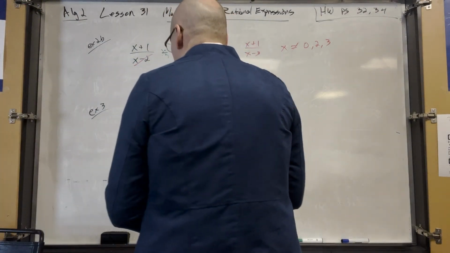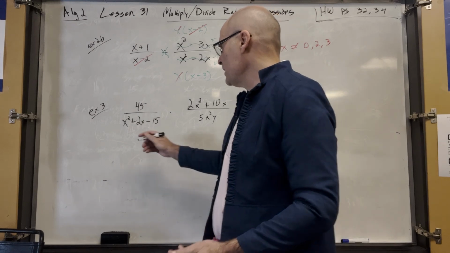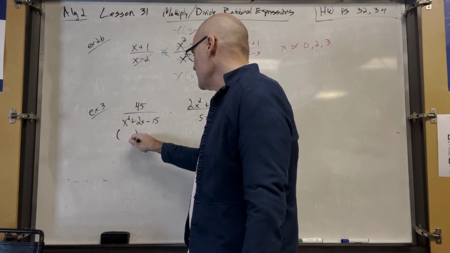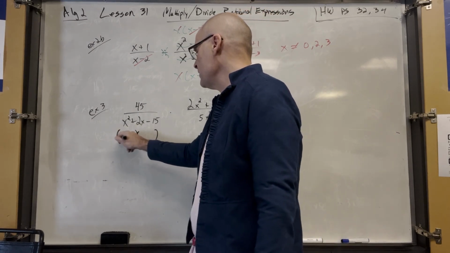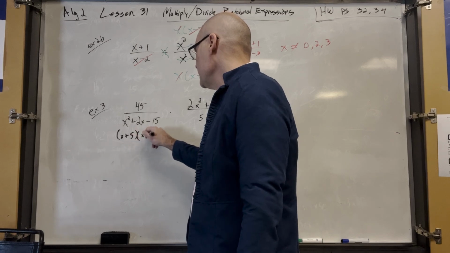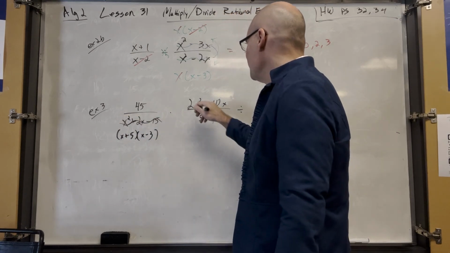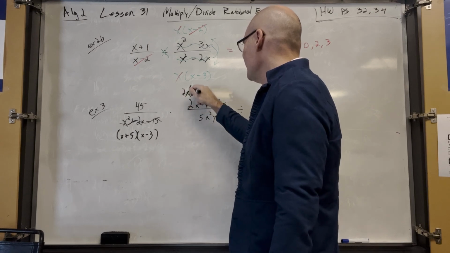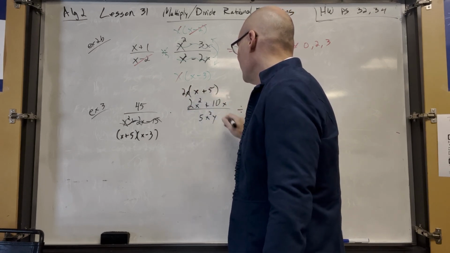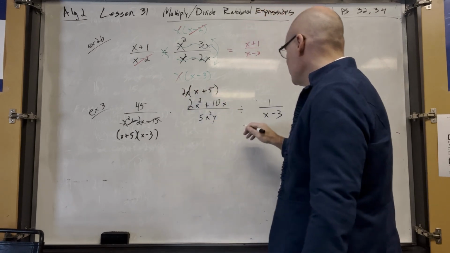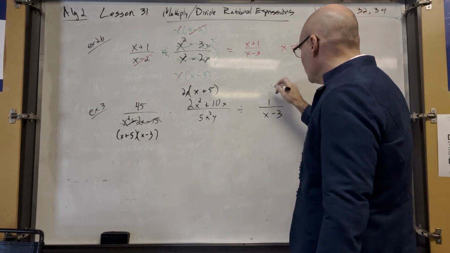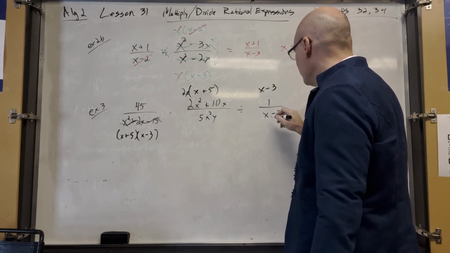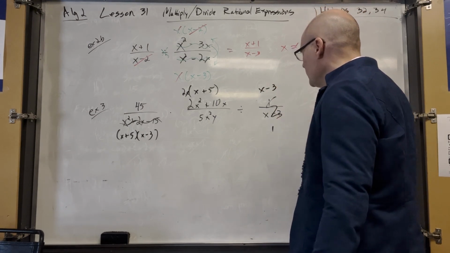The only thing that can be factored is this one. So what is that? Plus 5, minus 3. And then this one, you can take a 2 and an x out, and you have an x plus 5. Then we cross this out and put an x minus 3 over here, and a 1 down here if you want.